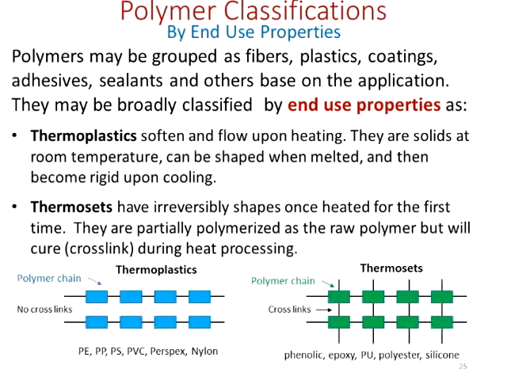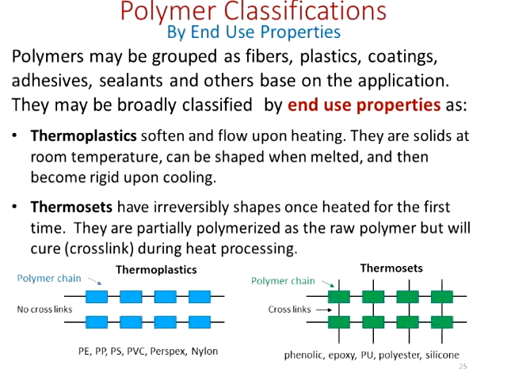A thermoset, however, has an irreversible shape once heated for the first time. Once you heat them, that's it. These are what's called partially polymerized raw materials. Now, you say, wait a minute, the first was a thermoplastic polymer, and now you're talking about partially polymerized. When we say partially polymerized, it means it is not at the molecular weight of its final in-use form.